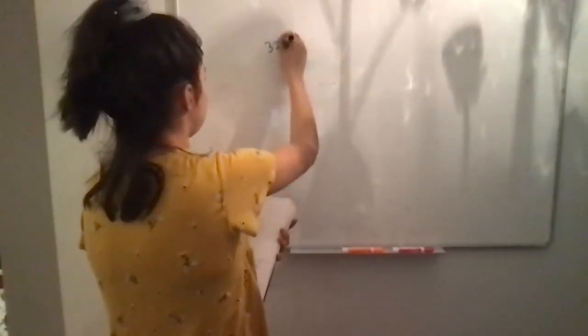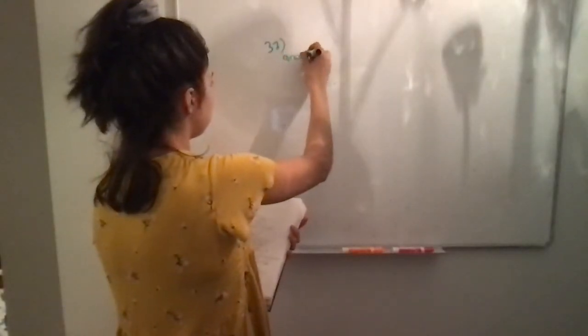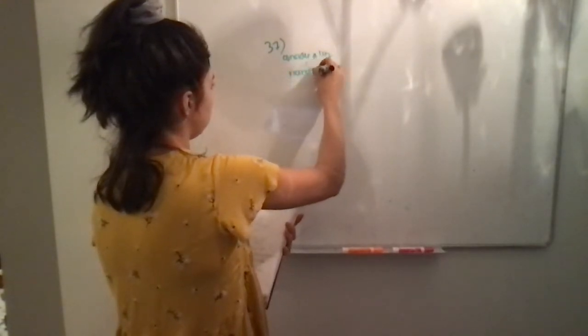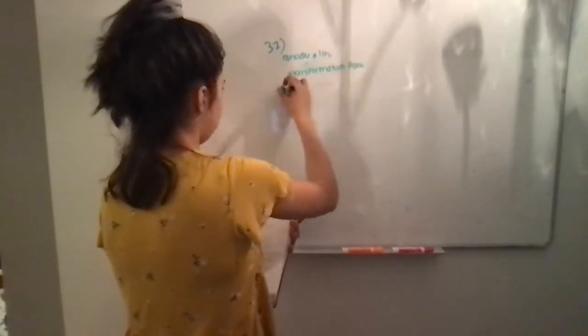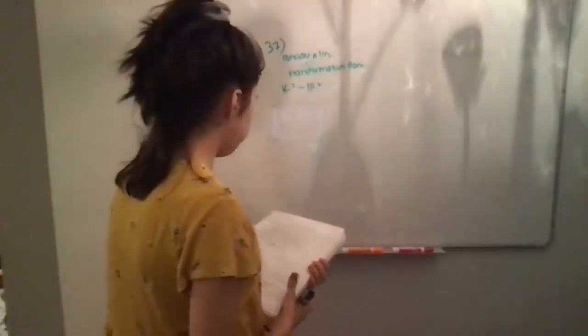In 37, it wants us to consider a linear transformation from R2 to R2.